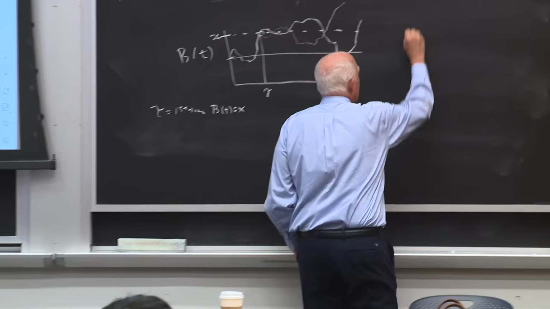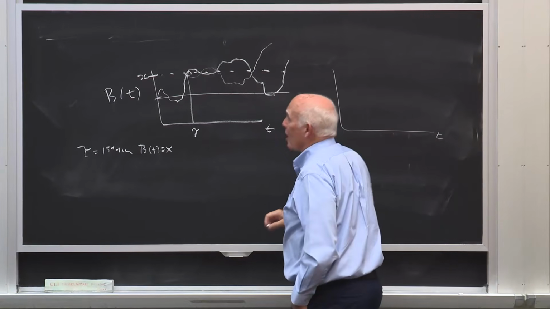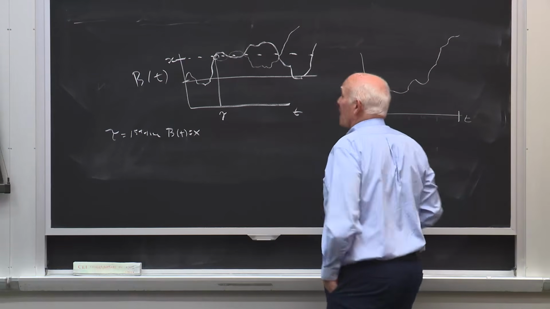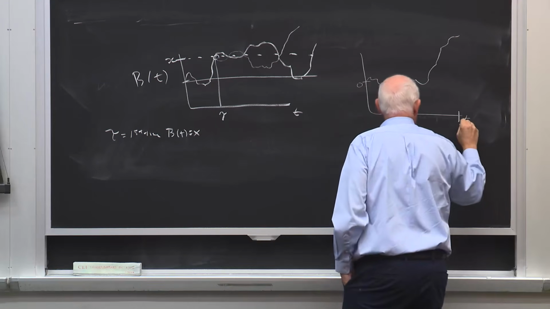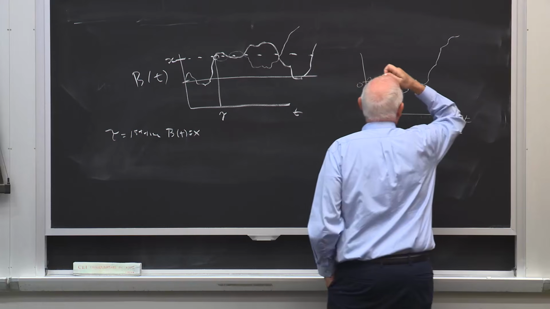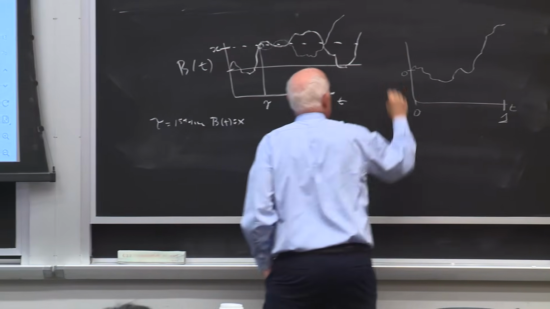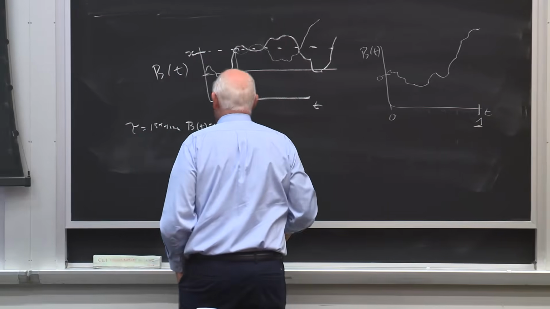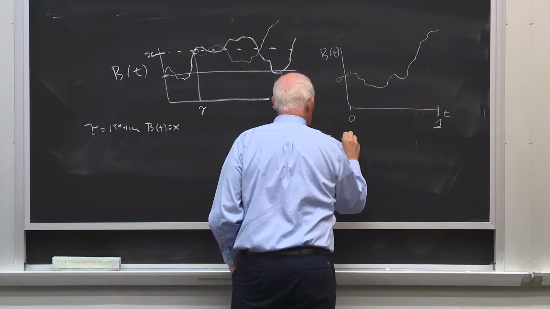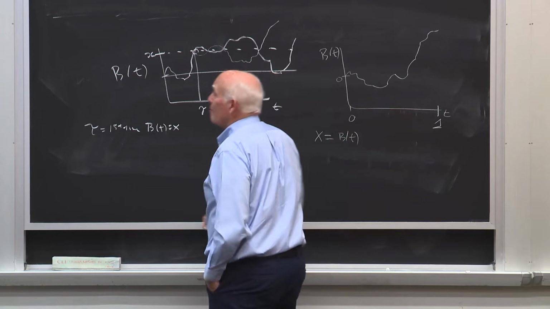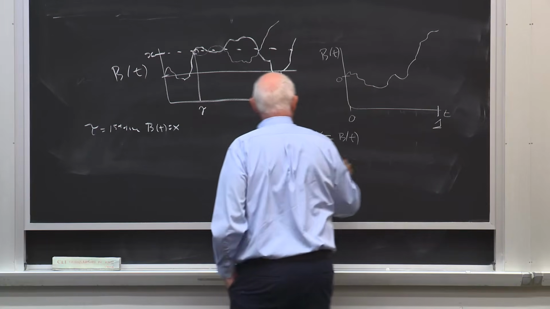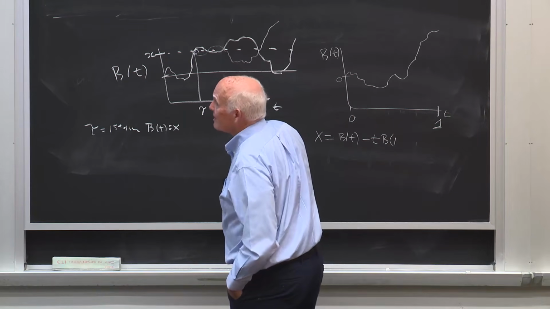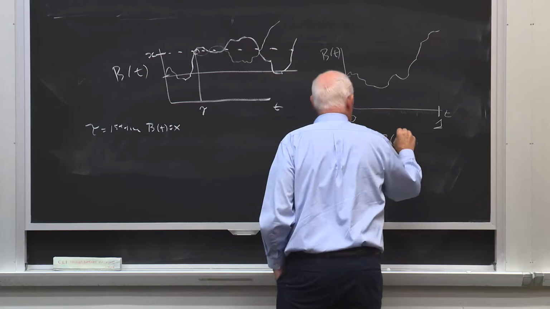If we consider a Brownian motion process starting at 0, and it goes up to, let's say, time 1, we can define the process x, which is equal to b of t minus t times b of 1.